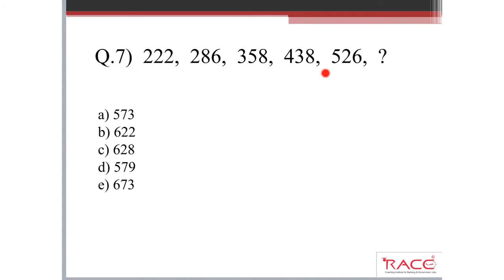Here again we can find the answer by finding the difference. So the first difference is 4, 6, 64. Here 14 plus 72. Simply add 14 here. 286 plus 14, 300 plus 58. So 58 plus 14, 72. Simple.